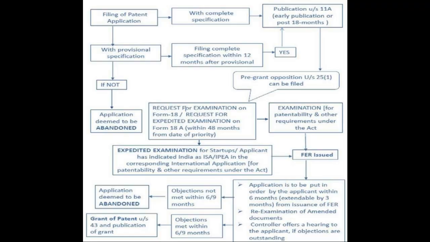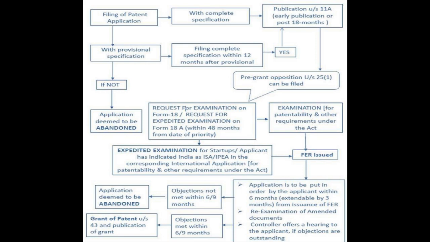And this is the life cycle of a patent. First you file a patent, and if it is an incomplete specification case, then you will have time to submit it within 12 months, and if you submit it, then it will go through the usual procedure.